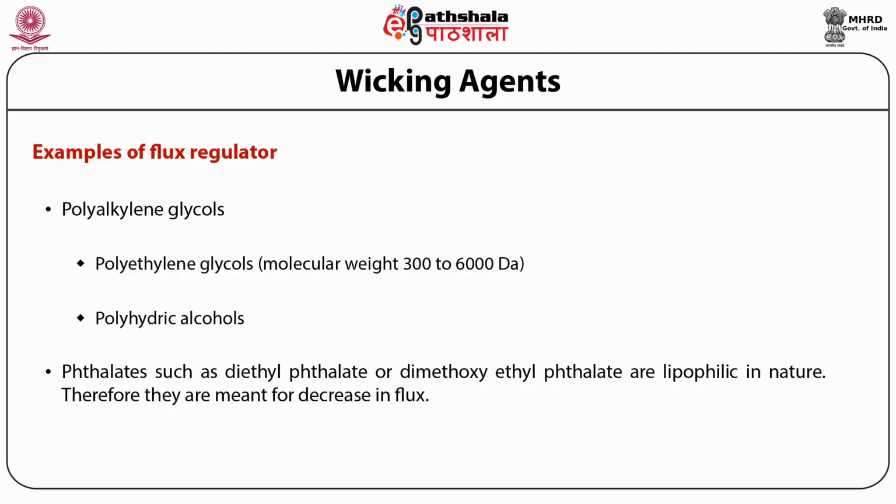Some phthalates such as diethyl phthalate or dimethyl phthalate are lipophilic, and they are also used. However, they are known to decrease the flux, so we should not use them.